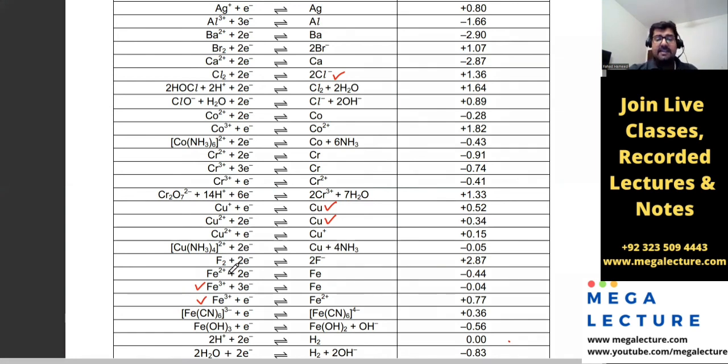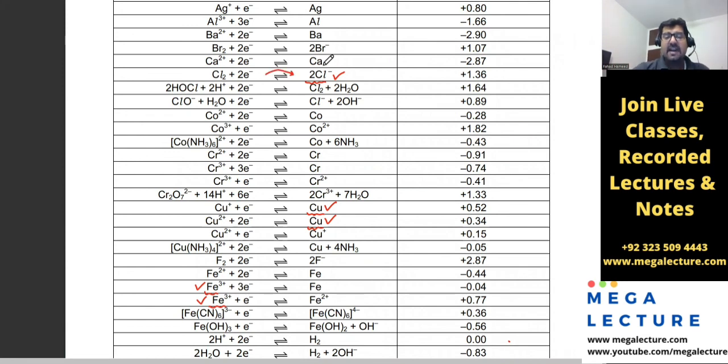The highest one gains electrons. The highest one is this one, 1.36, right? And I'm going to underline my reactants. That's Cl minus, I have copper, I've got Fe3+. What's the rule? The higher potential gains electrons. 1.36 is the highest, so this is the one that's going to gain electrons.